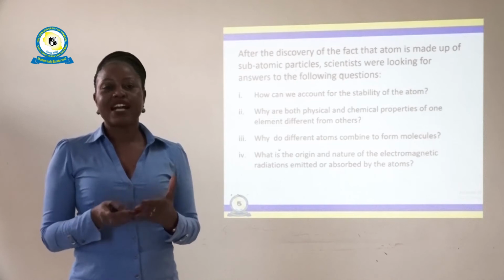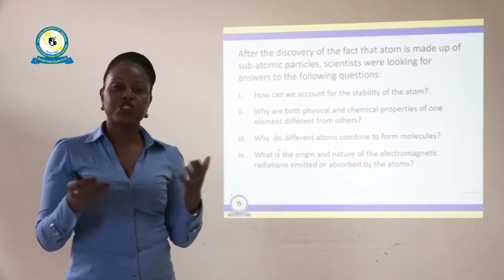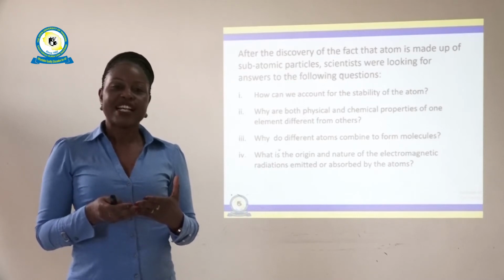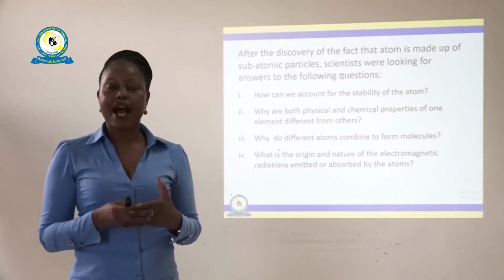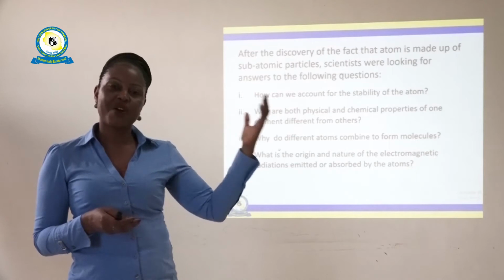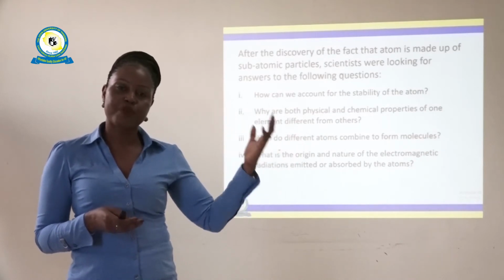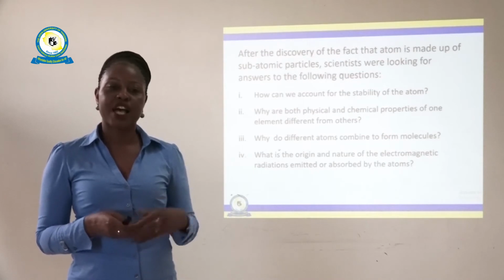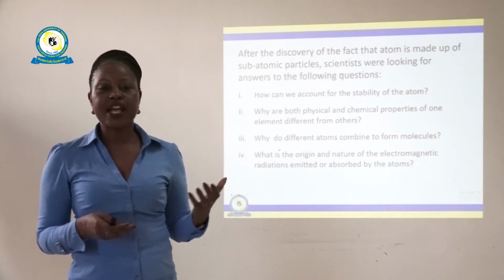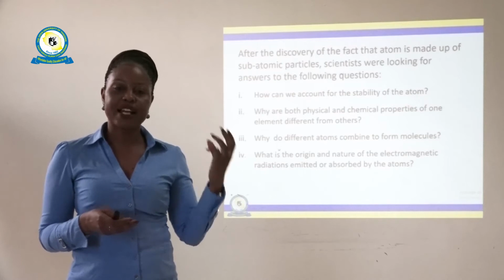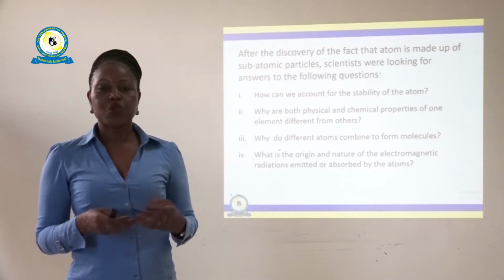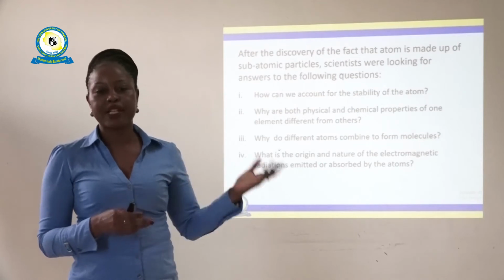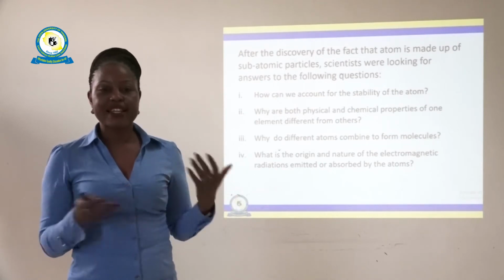Now, after the discovery of the fact that an atom is made up of these small subatomic particles, scientists were looking for some answers, especially since there were some drawbacks in the Rutherford model. For example, the first question was, how can we account for the stability of an atom? And also, why are both physical and chemical properties of one element different from another?